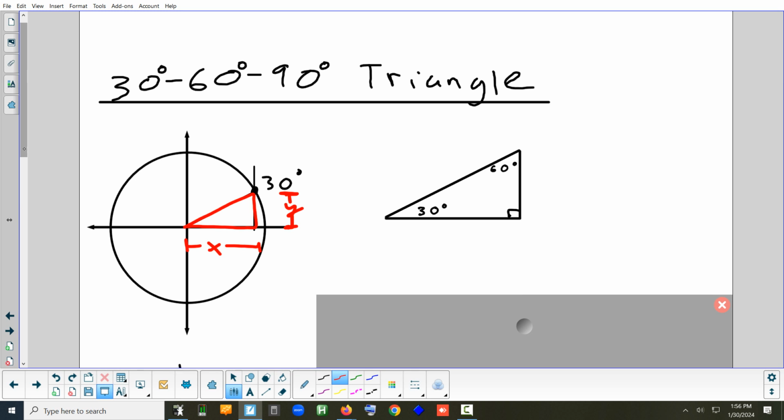All right. We need all 3 sides, but is there any side we already know? The hypotenuse? Yeah. What's the hypotenuse? 1. It's still the radius of the circle. Now, unfortunately, that's the least useful side because what we really need is the base and the height.